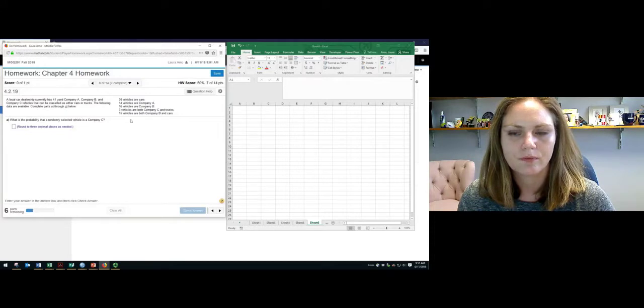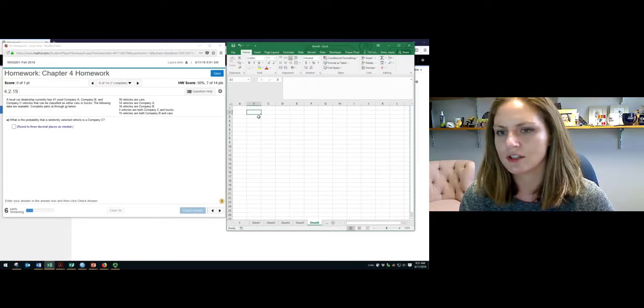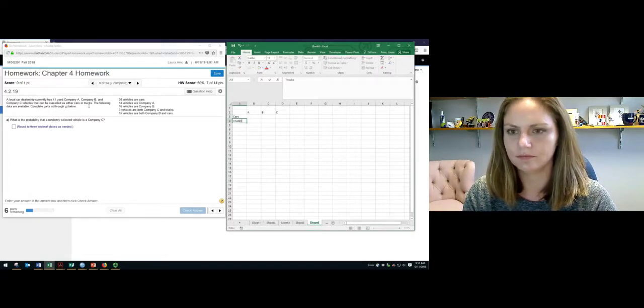Okay, so here we've got a local car dealership that has 41 used company A, B, and C cars that can be classified as either cars or trucks. So the following data are available, and we have to complete the rest of the problem. So I'm actually going to set this up, they've given me the total. I'm setting up a contingency table here. So I'm going to have company A, company B, company C, and it can be either cars or trucks.